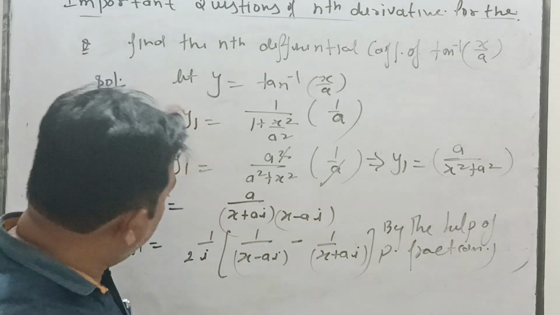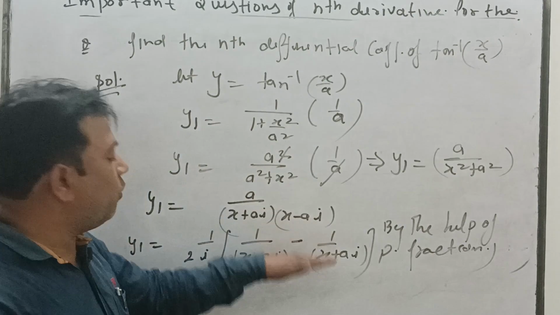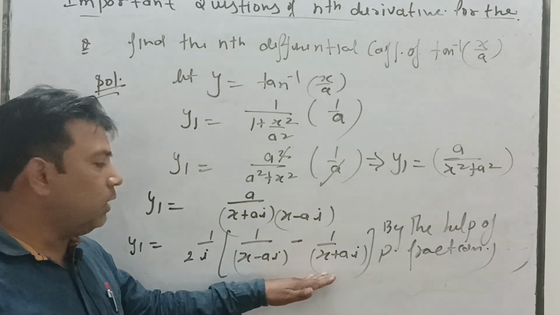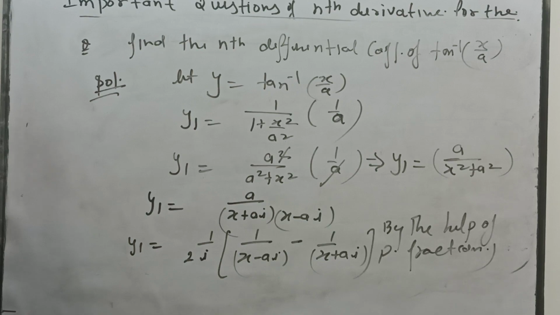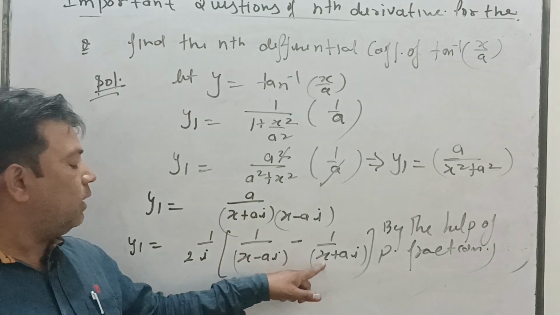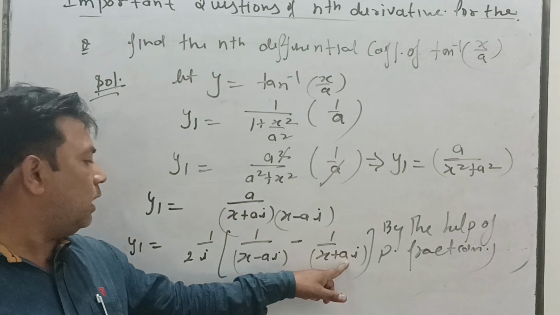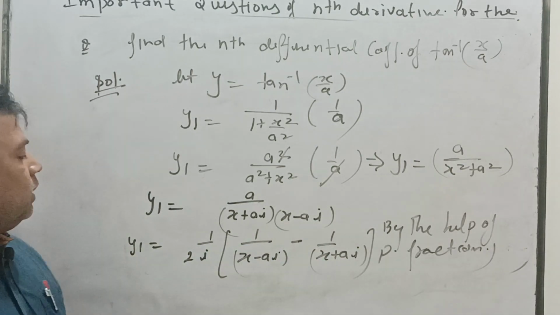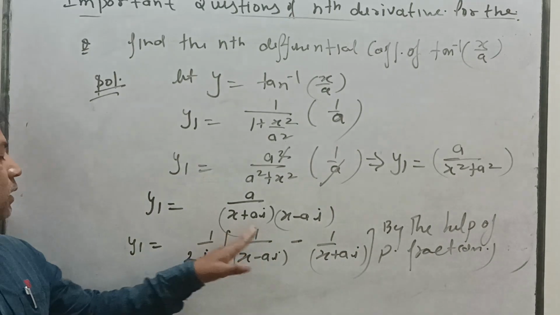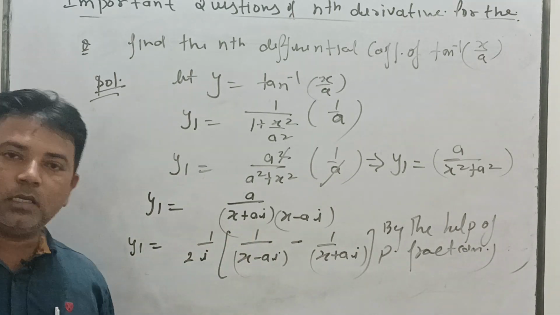Here x minus x cancels out, leaving 2ai; the extra 2i is divided.